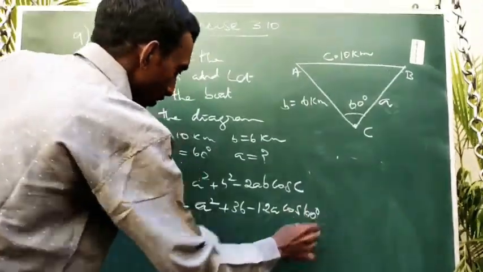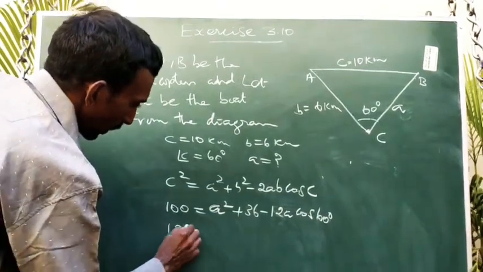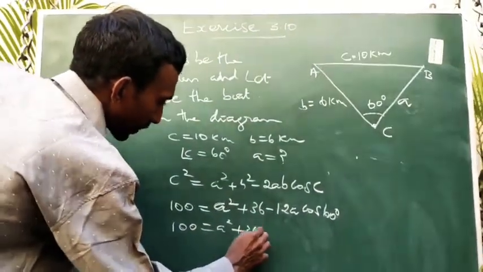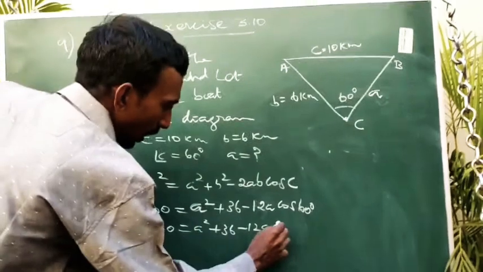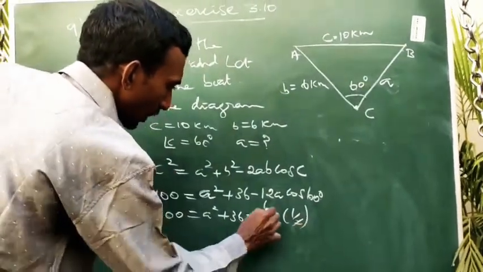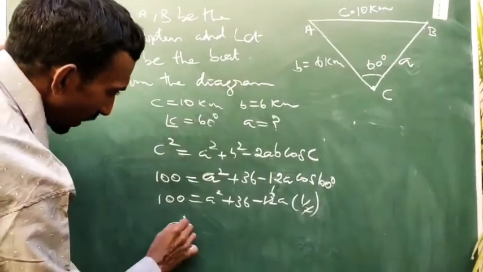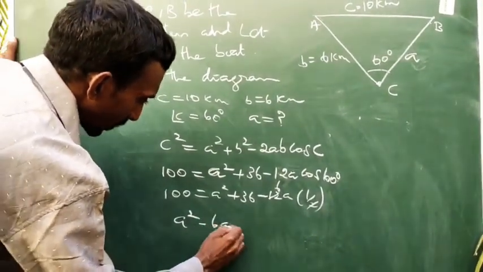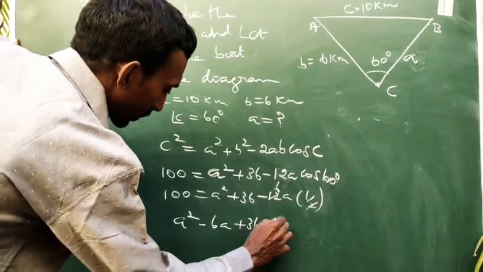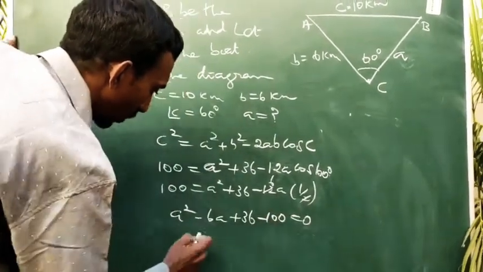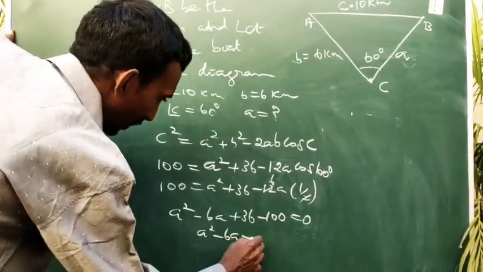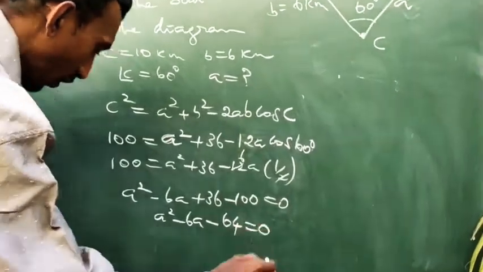So 100 equal to a square plus 36 minus 12a into 1 by 2. So cancel, we are getting 6a. So change the side: a square minus 6a plus 36 minus 100 equal to 0. So a square minus 6a minus 64 equal to 0.